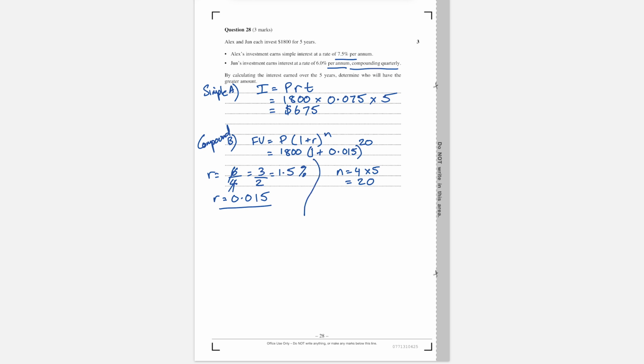Coming down here, we put that into our calculator, and we've got 1.015 to the power of 20. And then we multiply that by 1,800.